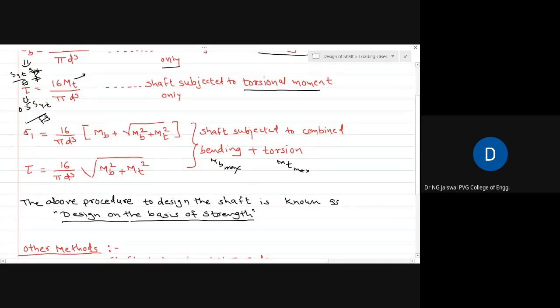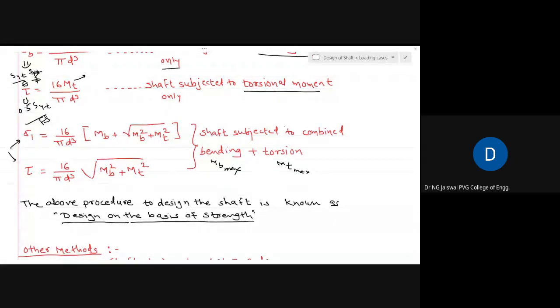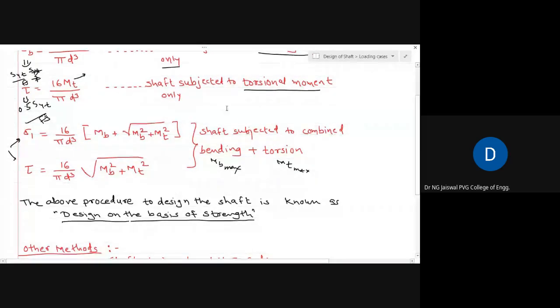If these two loadings act simultaneously, then we have to find the principal stresses, given by sigma 1 and tau max. Sigma 1 is equal to 16 upon pi d cube times the bracket Mb plus the square root of Mb square plus Mt square. How it is derived, we have seen yesterday. I also put yesterday's lecture on YouTube; you can go to that if you want to revise yourself.